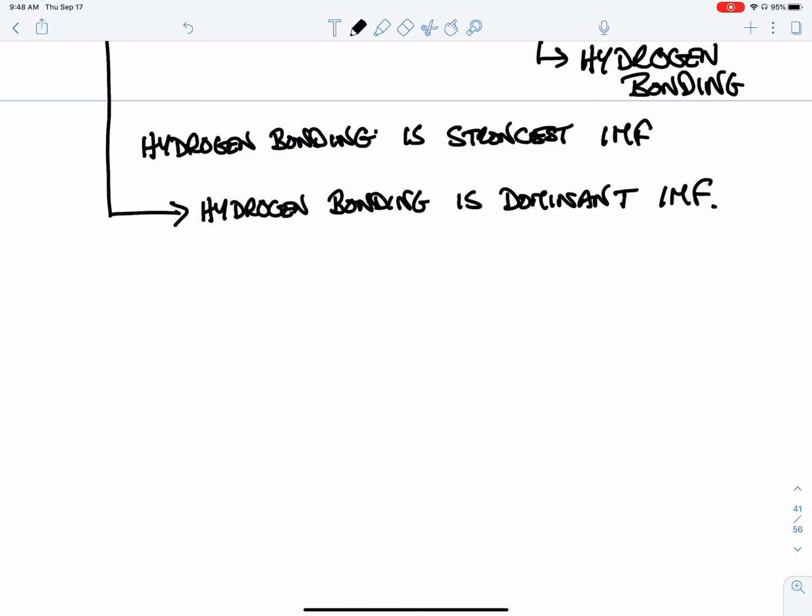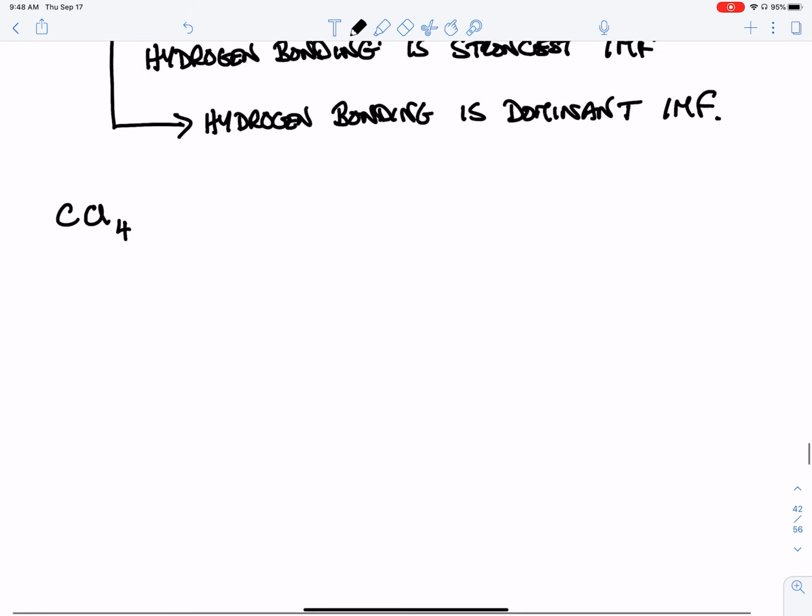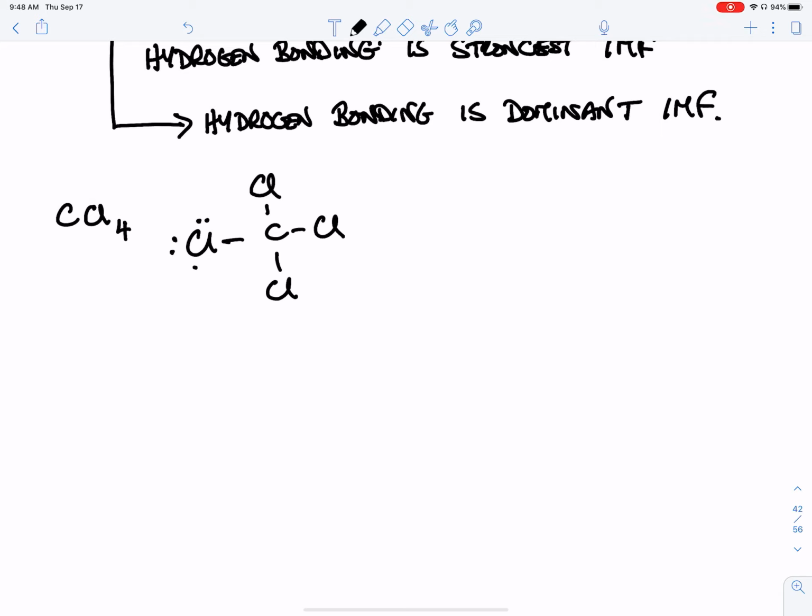And so let's just take a molecule, carbon with 4 chlorines around the outside. If you draw the Lewis structure correctly, of course, you would come up with 4 chlorines around the outside.